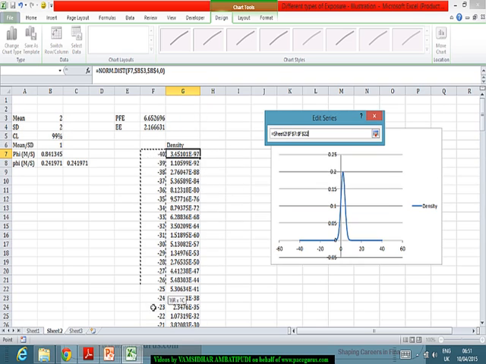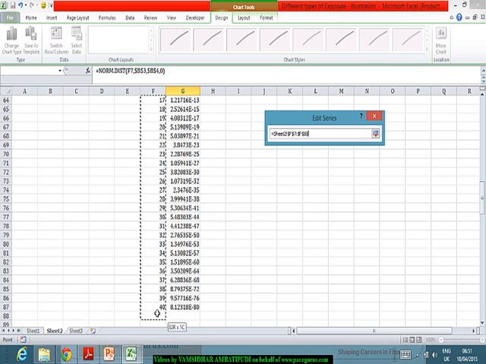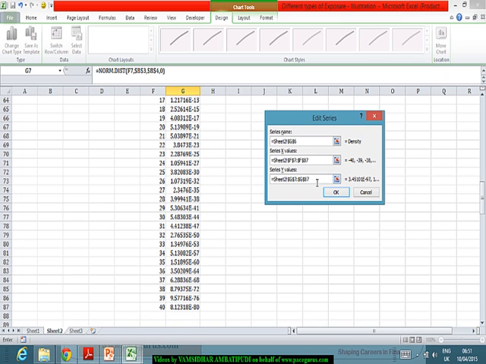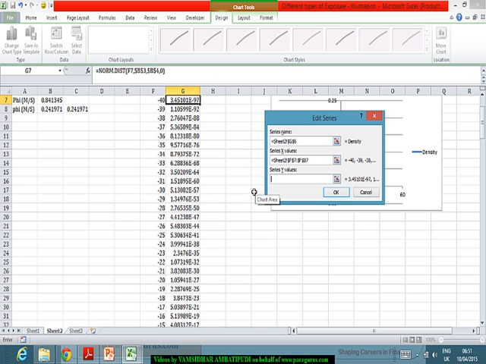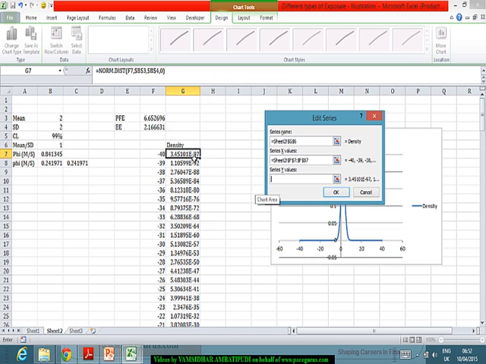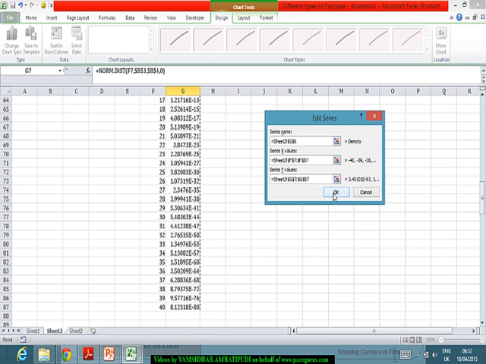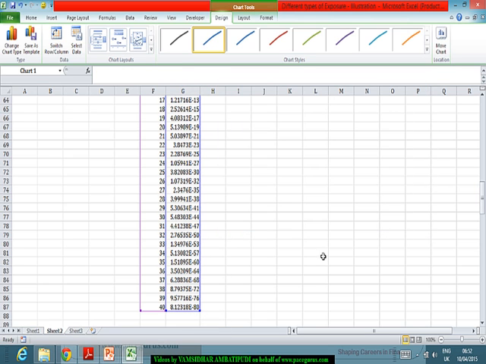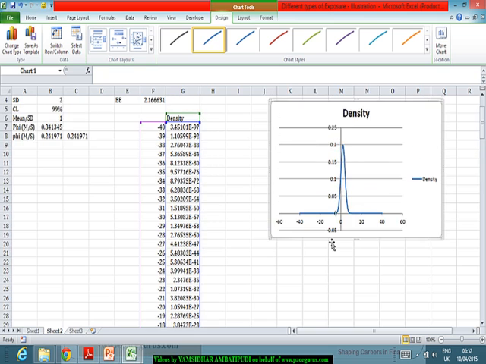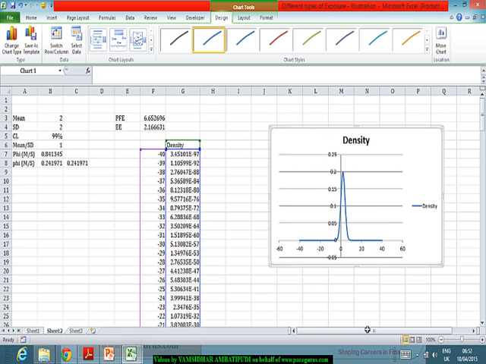My x values are from here to here, my x-axis values, and my y-axis values are from here to here. What I could very clearly see is there is a very clear-cut normal distribution, normal function that has typically come out here.